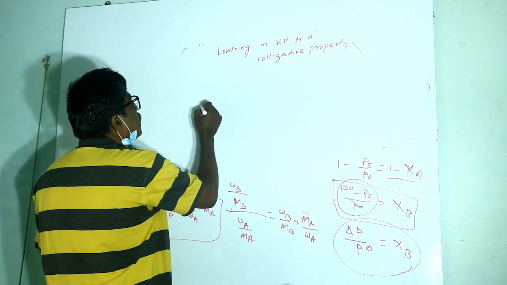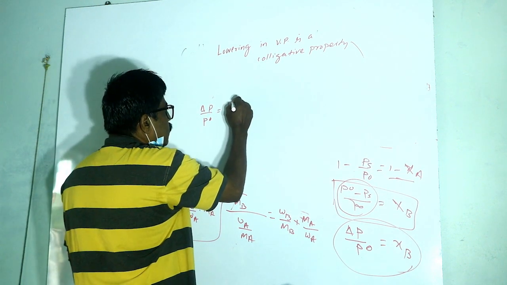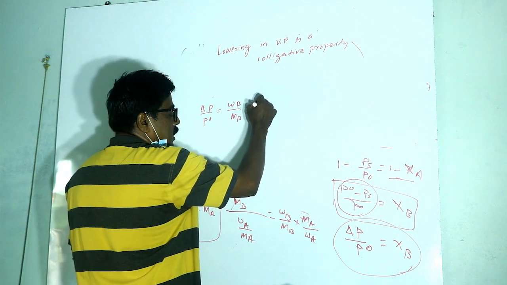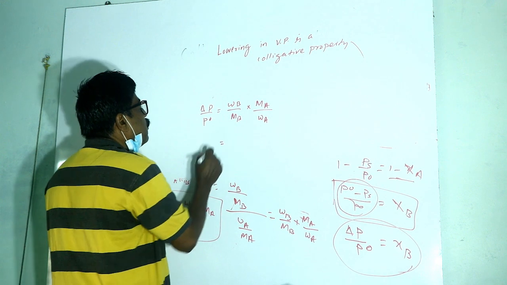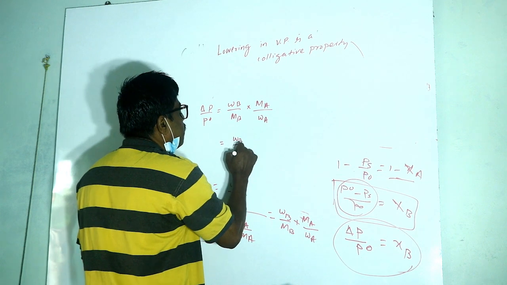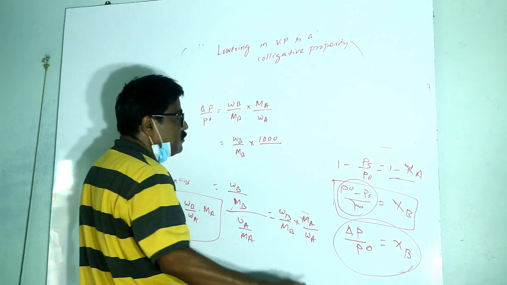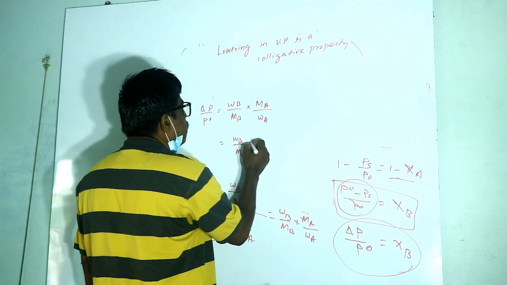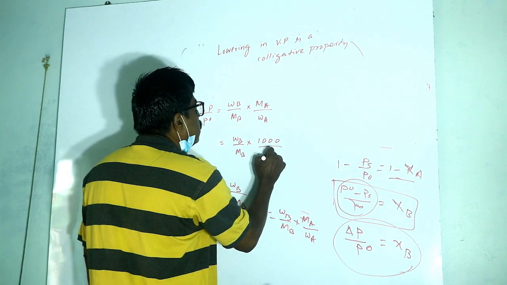Here del P by P0 is equal to WB by MB into MA by WA. Now we know molality means weight of the substance by molecular mass, WB by MB, into 1000 by WA, and here it is into 1000 by MA.